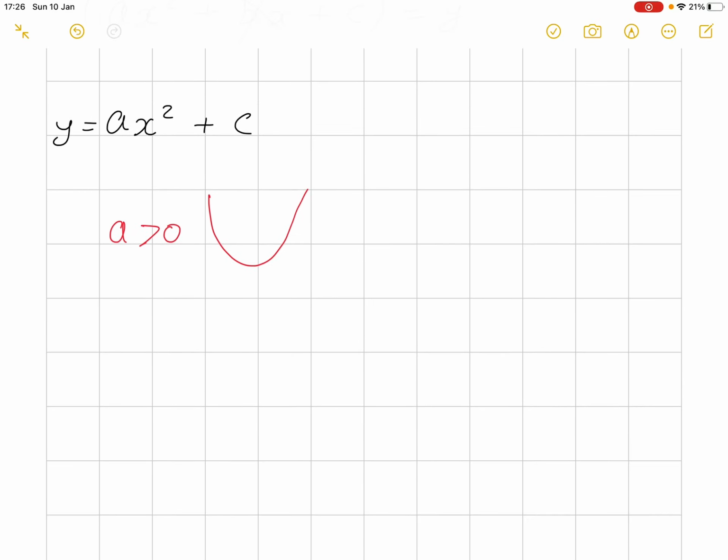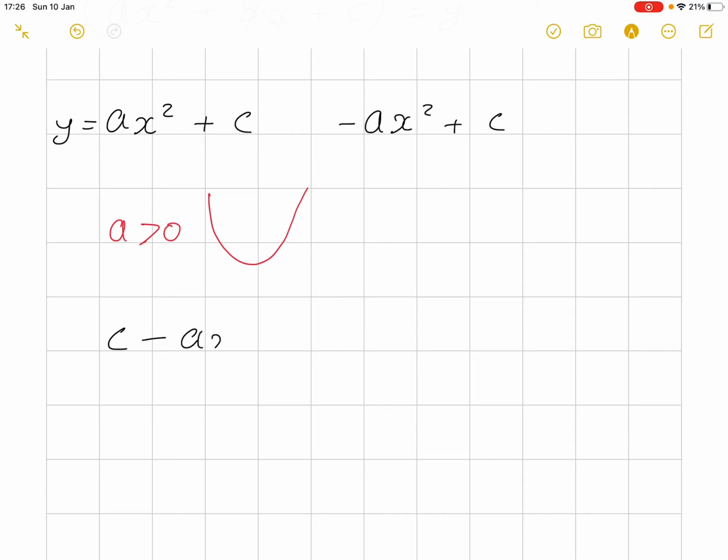In other words, we will have minus ax squared plus c, because it's positive. We add c because this graph has been shifted up. So, in fact, we can make this a little bit easier and rewrite this as c minus ax squared.